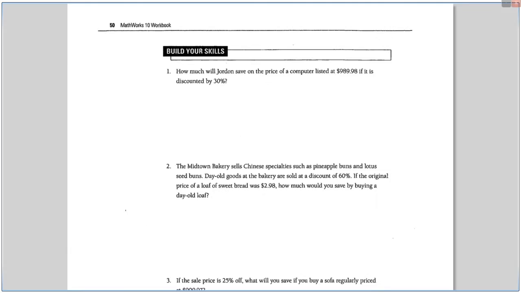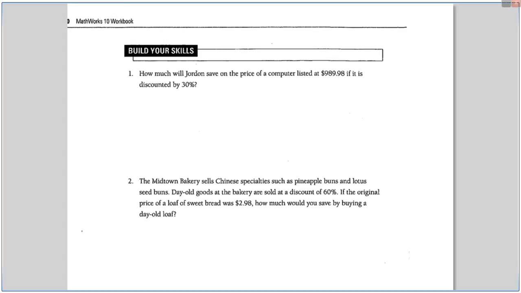So at first they're just going to ask you to figure out how much the discount is, not how much you pay. So it's similar to the last section, where you take your percentages, make them decimals, of course by dividing by 100, and then you always multiply by the total you're interested in.